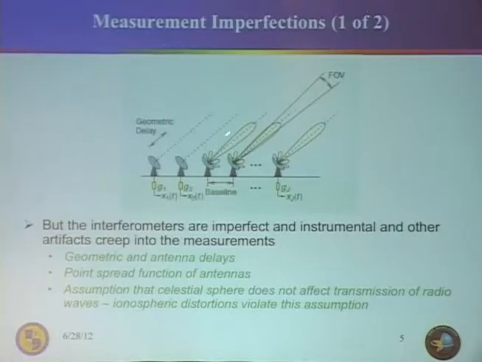You also have point spread function effects of the arrays, with the dominant lobe and then all the side lobes. And then there's an assumption typically made in astronomy that there's nothing between the source at infinity and us. In fact, that's probably not really true. In fact, we know that's not true. But you're really interested in measuring the flux at Earth, so you can kind of ignore the stuff outside the atmosphere. The problem is the ionosphere violates this assumption.